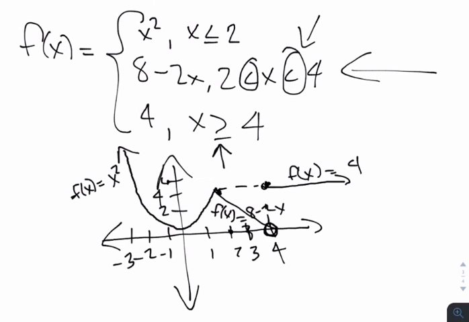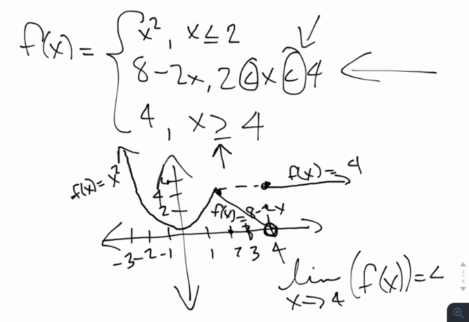So this may be a little bit more confusing, but if you understand the concept of doing it graphically like this, you'll be able to solve more problems using graphing utilities to find the limits. So for the actual limit of this, limit as x approaches 4 of f of x is 4.